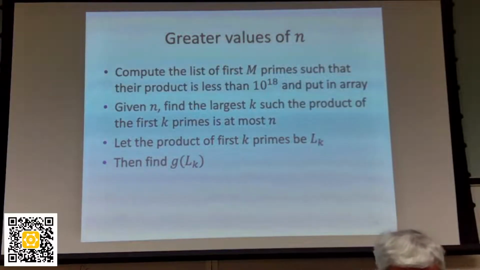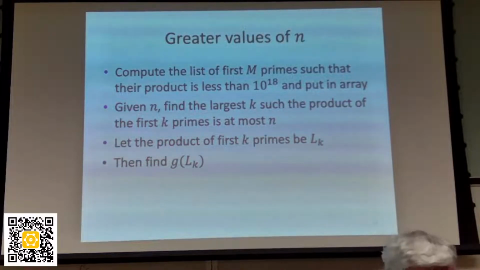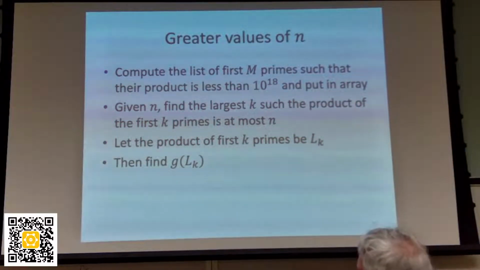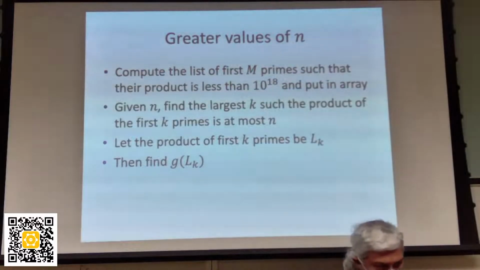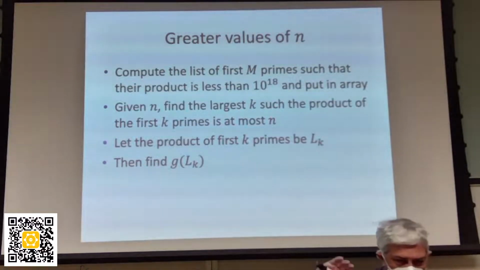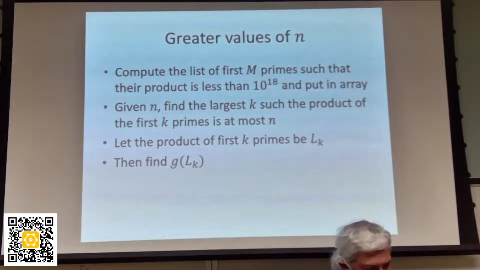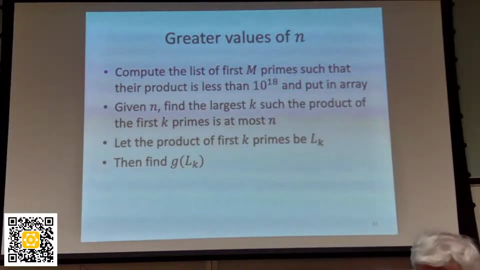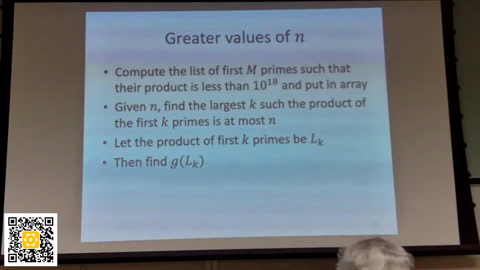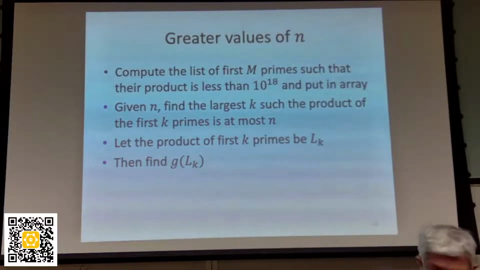Wherever it crosses, multiply those primes, and whatever number that gives you is going to give you the best g value. And then in order to figure out the g value, I told you an algorithm last time, go and use that. That's the whole thing. Is that clear?